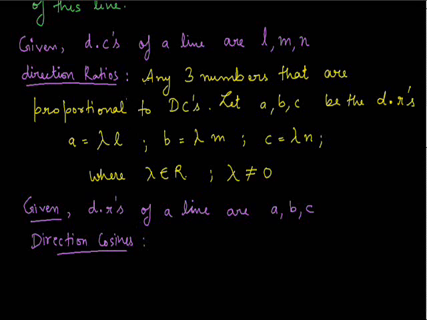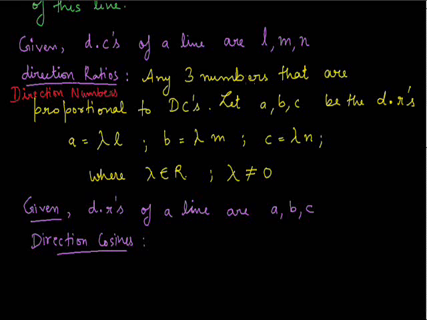In the earlier case, we had direction cosines and needed to find direction ratios. Direction ratios are also called direction numbers.